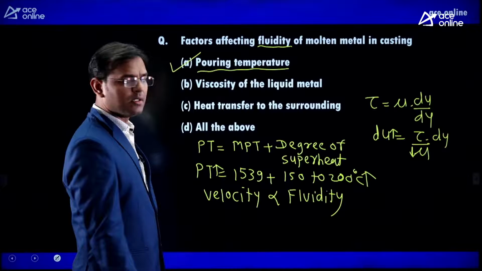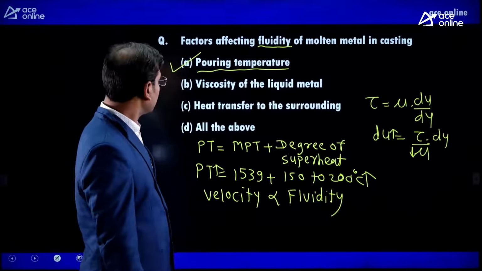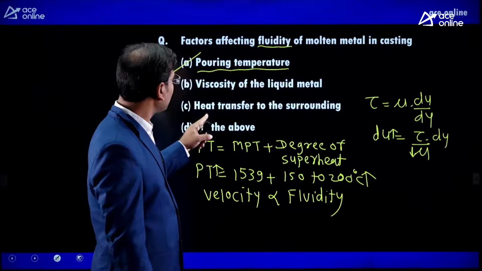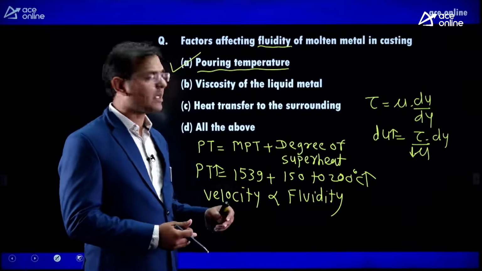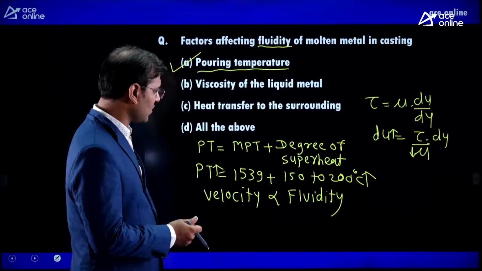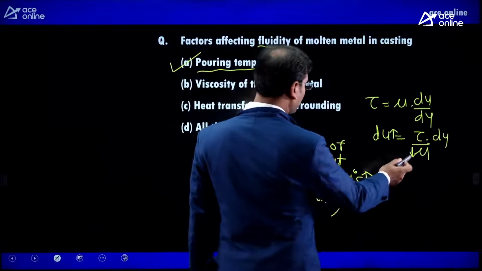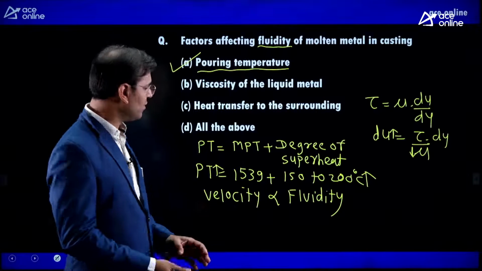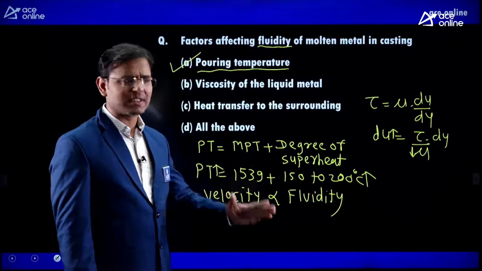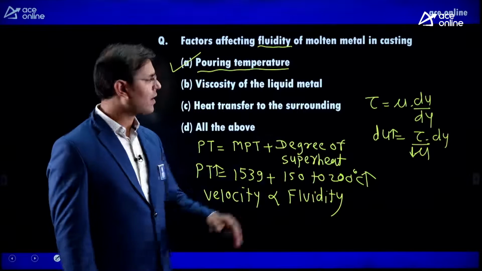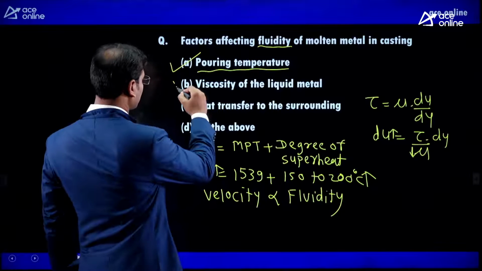So the factors affecting the fluidity of molten metal also depend on the viscosity, because as the viscosity is going to reduce. But how can the viscosity reduce? If the degree of superheat is going to increase, then it will be less viscous, and that liquid metal can travel very fast. Then option B is also correct.